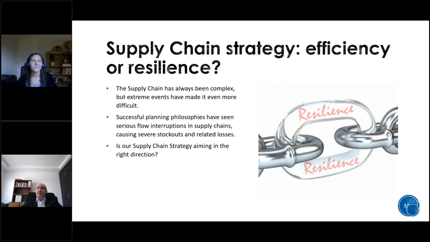Okay, we'll start talking about supply chain strategy. Is it efficiency or is it resilience? Efficiency is like always, and resilience is like something new. Supply chains have always been complex, no doubt about it. Recent extreme events have made it even more difficult.